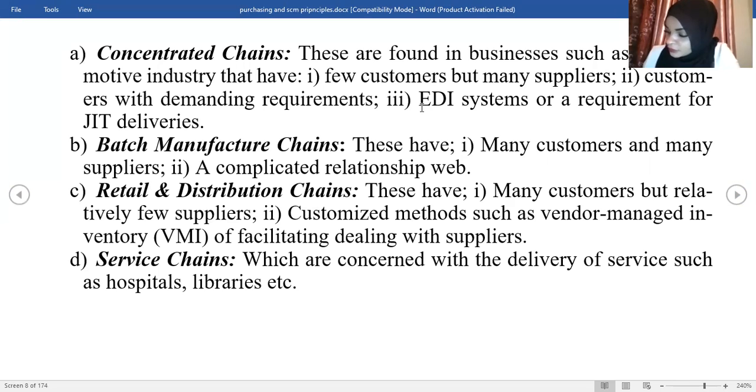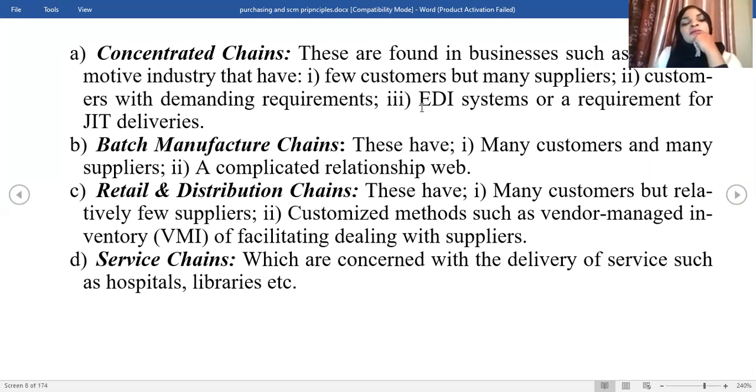Yeah. Then we also have the JIT deliveries. JIT is just in time. So this JIT delivery was developed by one of the Japanese engineers, and his name is Taiichi Ohno.